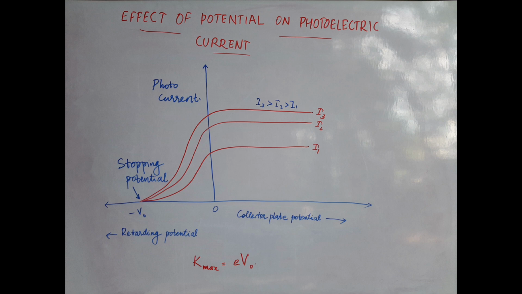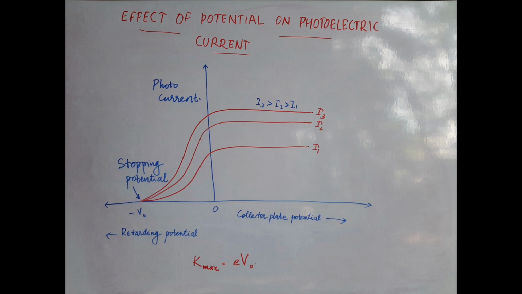That potential is known as the minimum negative potential, or stopping potential, or cutoff potential. So the cutoff potential is the minimum negative retarding potential V0 given to the plate A for which the photocurrent stops or becomes zero.